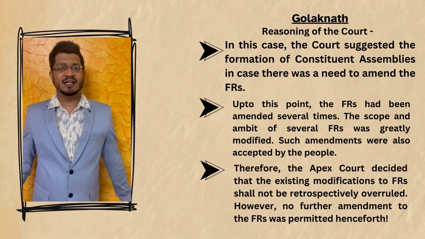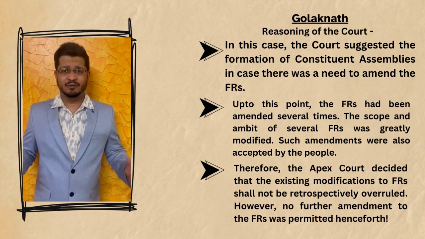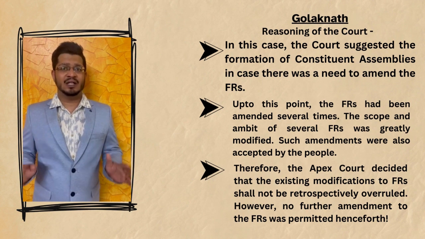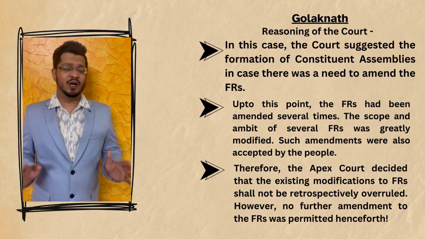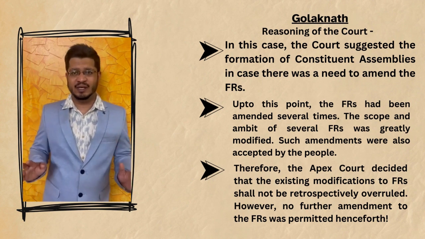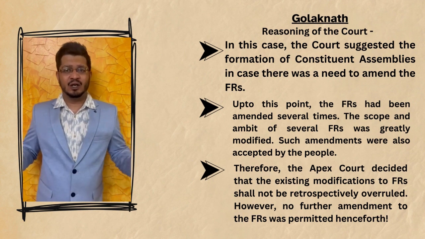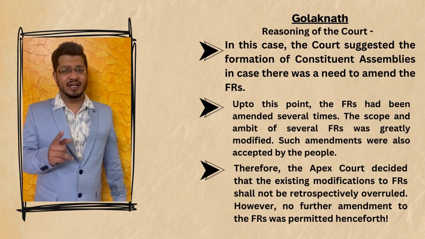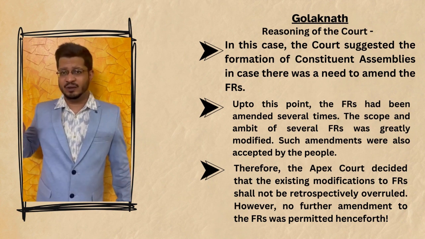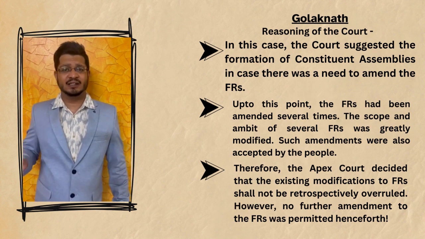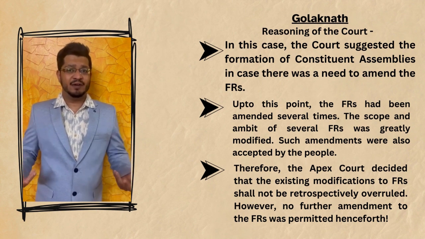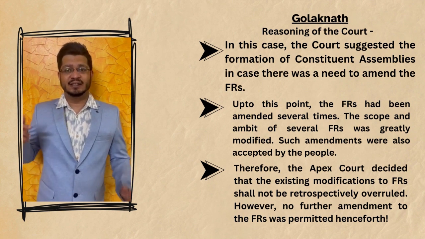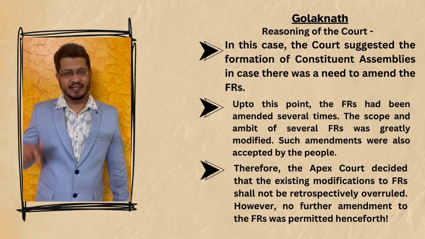Therefore, it was decided that there would be no retrospective overruling of the amendments of fundamental rights which had already taken place. If there was such a retrospective overruling, there would have been chaos all over the country. However, the Supreme Court made it extremely clear that no amendment whatsoever to fundamental rights shall be permitted after passing of the decision in this case, that is the Golaknath case.